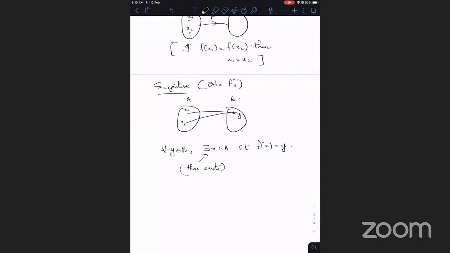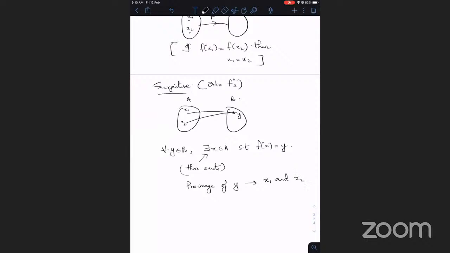So is this an onto function? Yes. So this is an onto function because y is the only element in B and it has a pre-image. The pre-image of y is x1 and x2 here, because there are two elements being mapped to y.